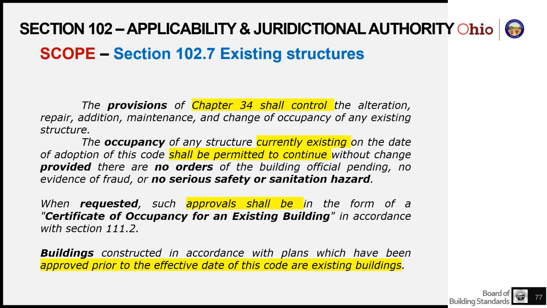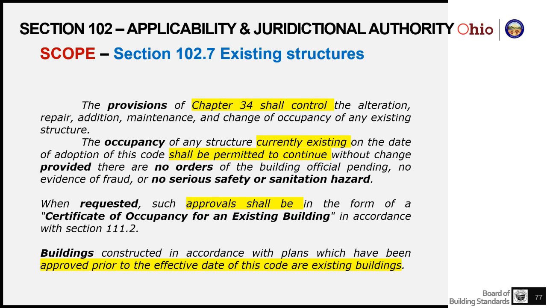Then the last part of that really does kind of hammer down what an existing building is. One of the premises is that it is a building that has gone through the approval process and was approved prior to the effective date of this code. So, we went through a code change on November 1 of 2017.